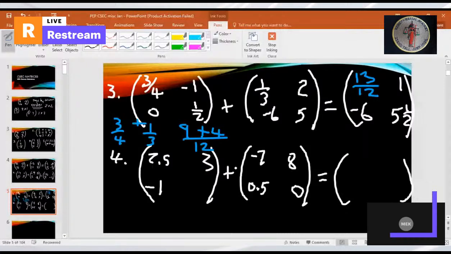So half, and we're subtracting 7. All right, so that's negative 4.5. Or you could write it as negative 4.5 plus 8.